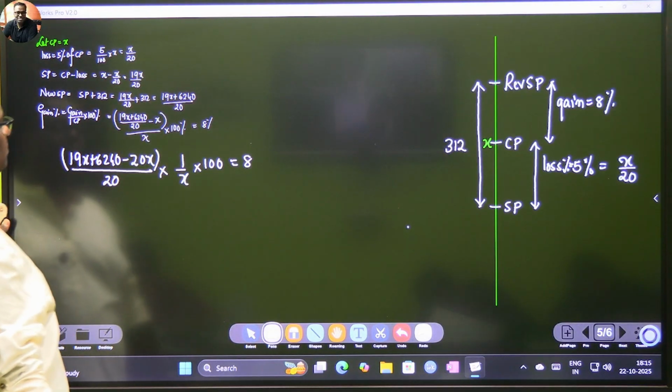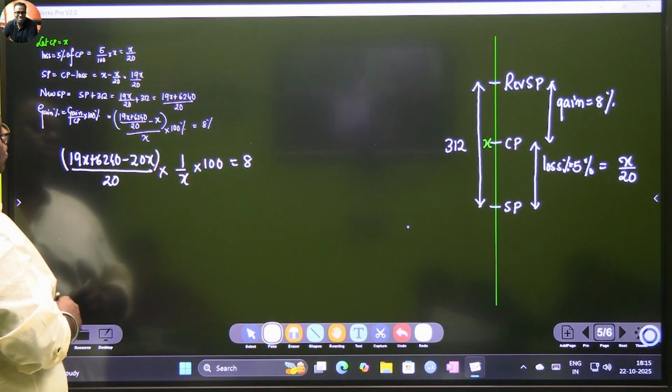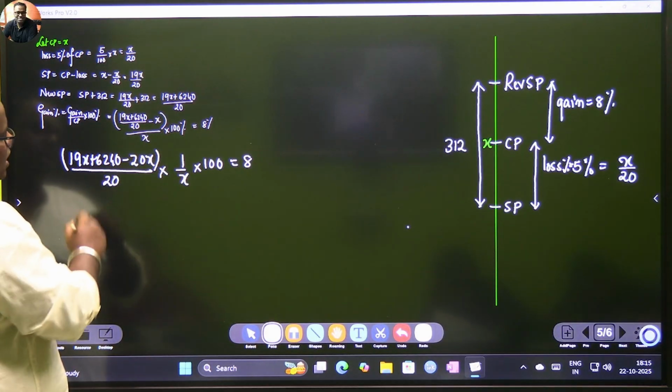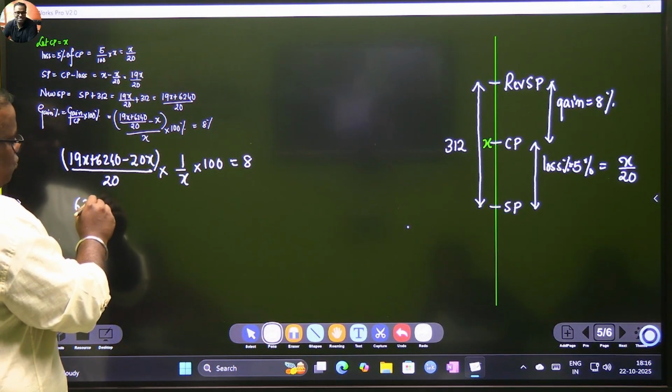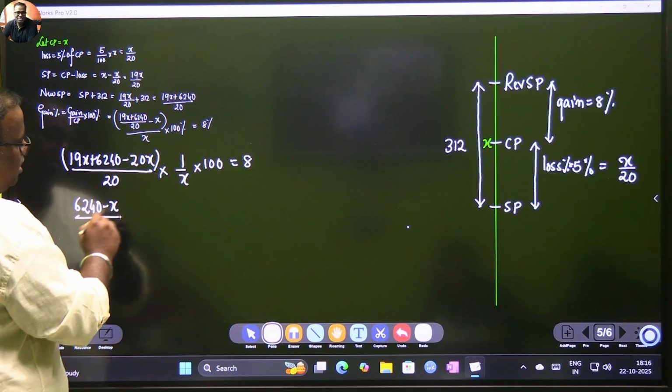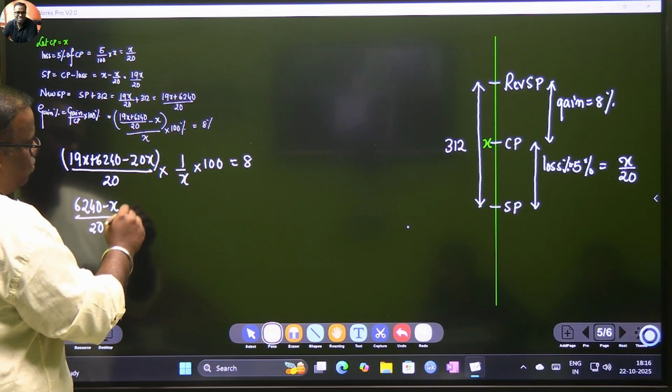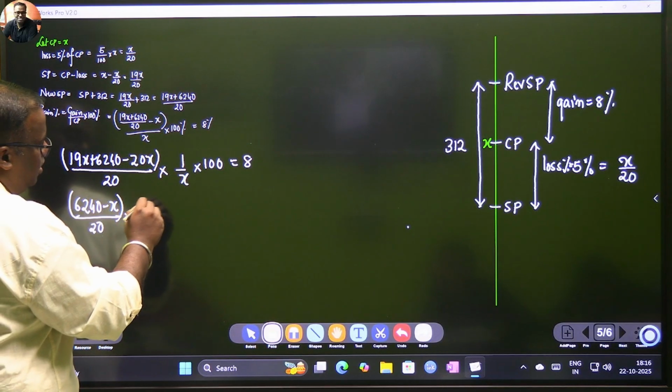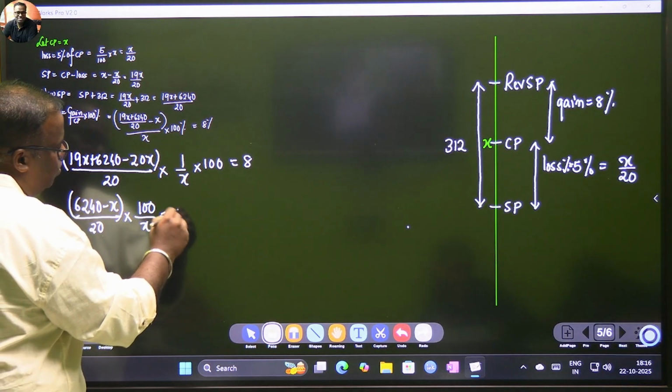Okay? Let's do it. 19x minus 20x is how much? 6240 minus x, divided by 20, into 100 by x is equal to 8.